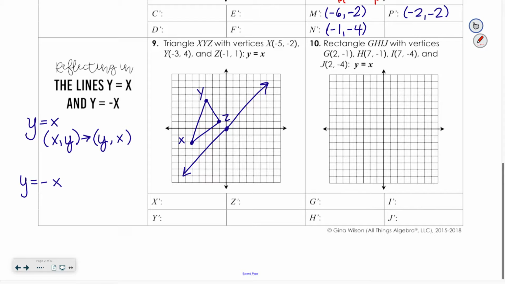So instead of -5, -2, we're going to graph -2, -5. And then 1, -1. Did you switch the signs? We don't switch any signs, we just flip the order. Don't switch any signs for this one.